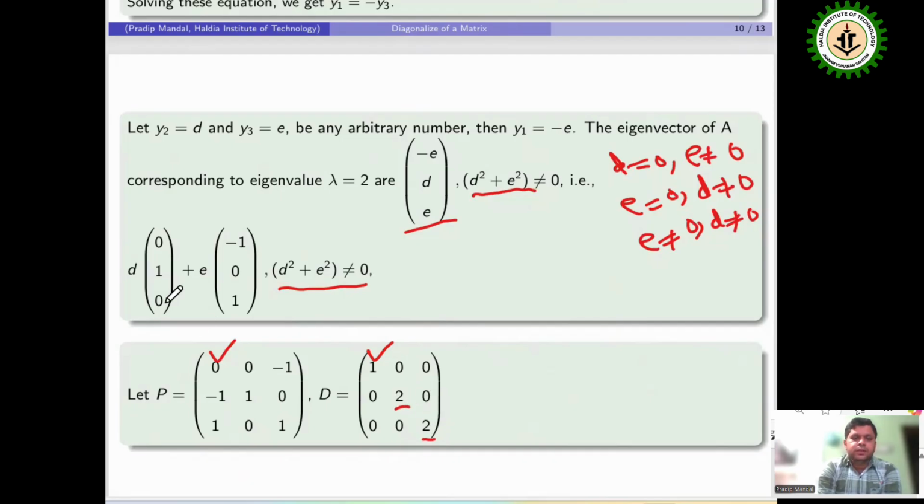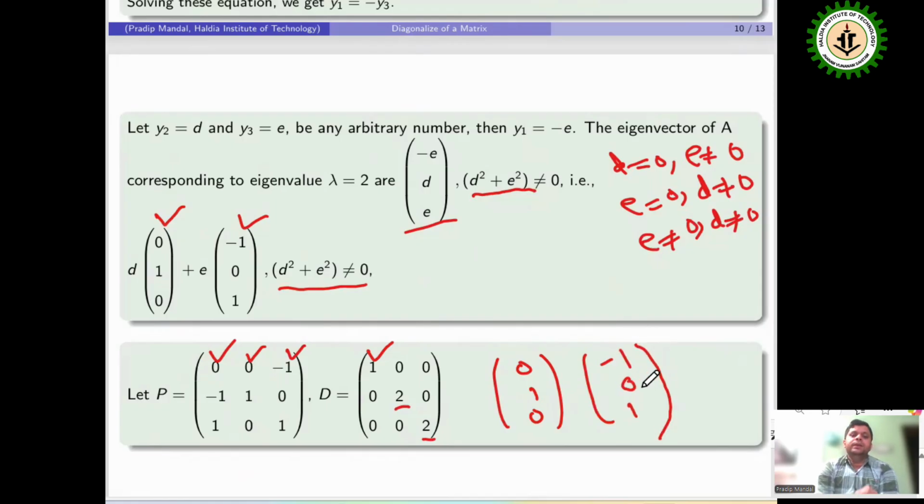These two eigenvectors, (0, 1, 1) and (minus 1, 0, 1), are clearly linearly independent.